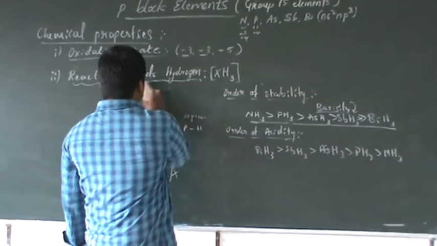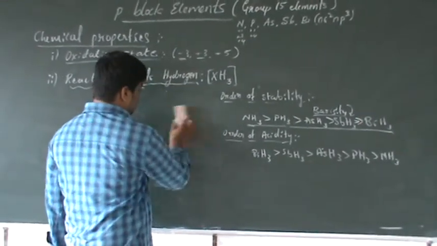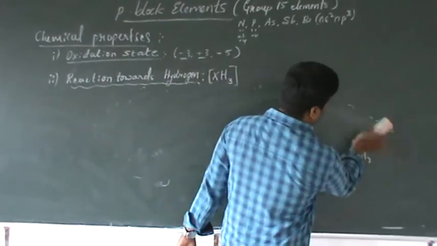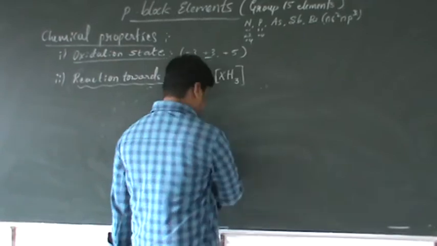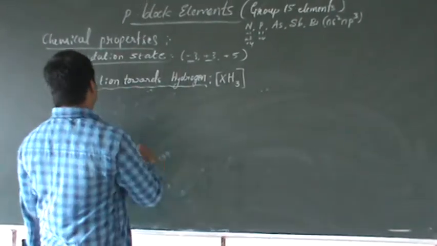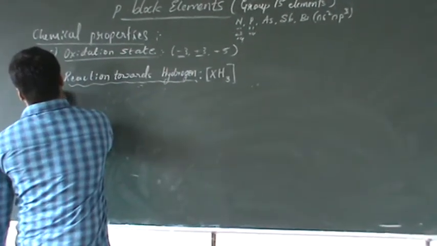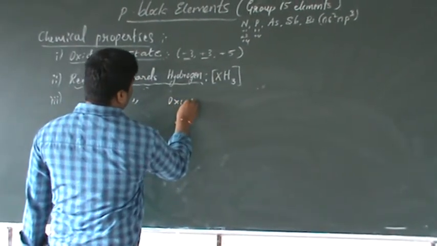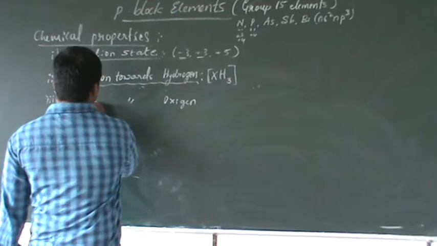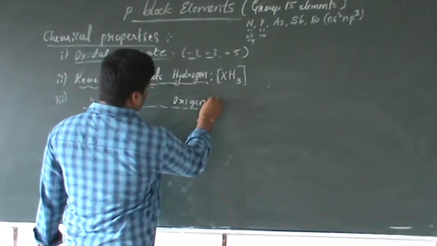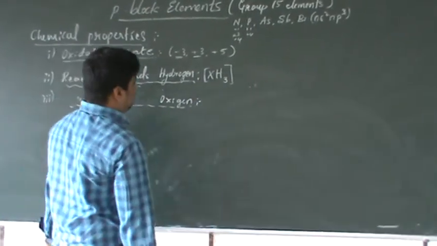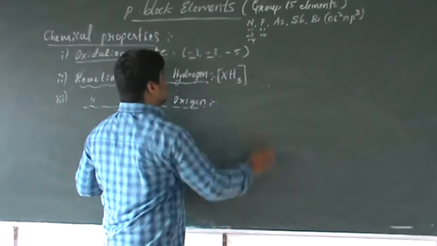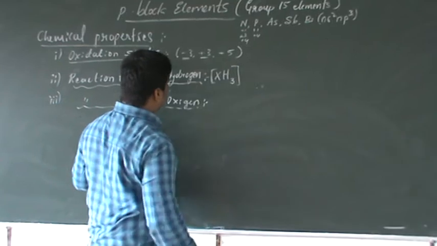Okay, let us move on to the next chemical property. So these are the chemical properties of hydrides of the group 15 elements. The next property is reaction towards oxygen. I am giving you a chance to guess.